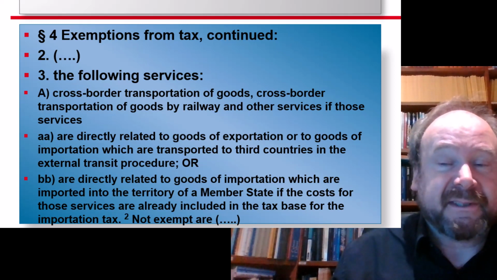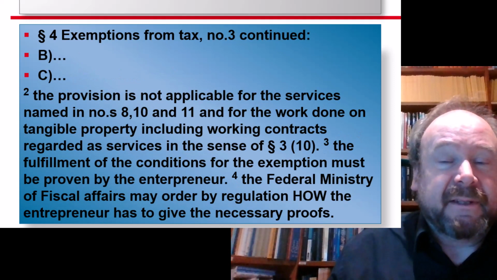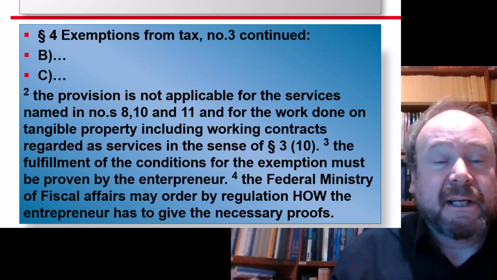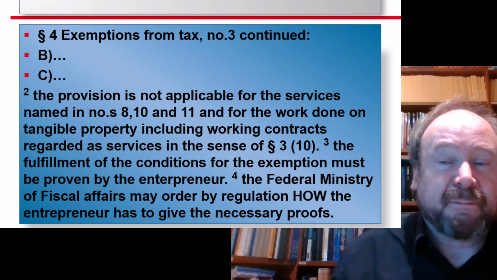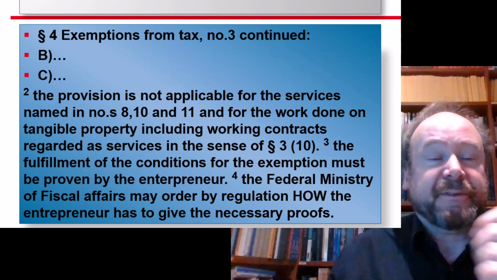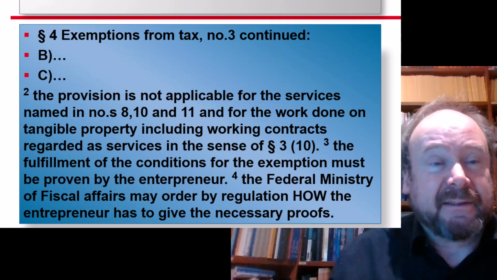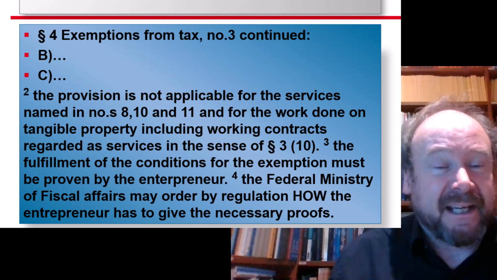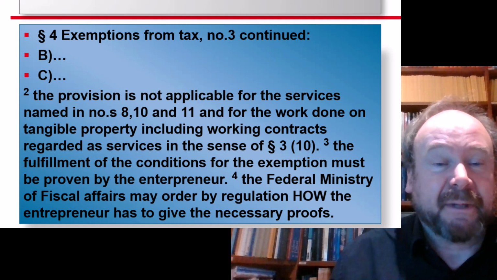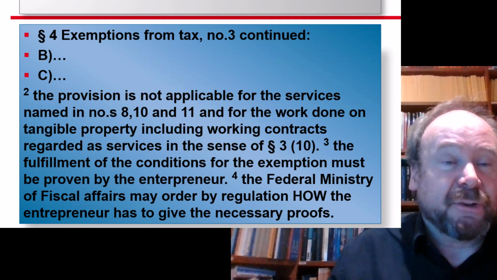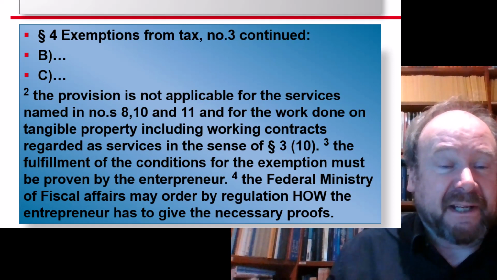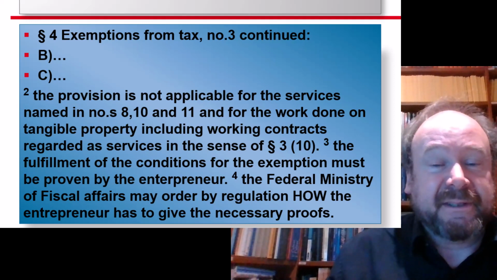Some small exemptions. And then I left out B and C as here too specific, but important is again that the provision is not applicable for the services named in numbers 8, that's financial services. So if you give it credit financing the whole affair, then number 3 does not apply, but for number 8, 10 and 11 is insurance contracts and brokering services relating to these insurance contracts. And then job processing is also mentioned as something where number 3 does not apply.